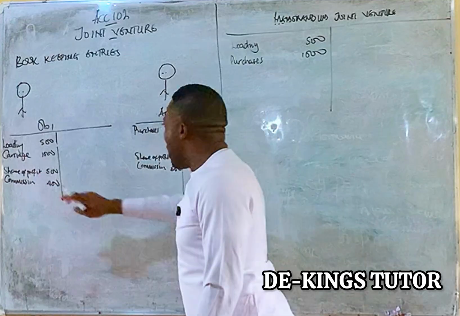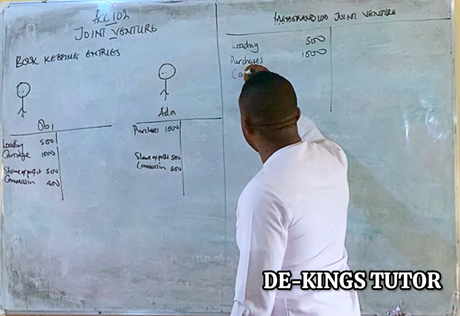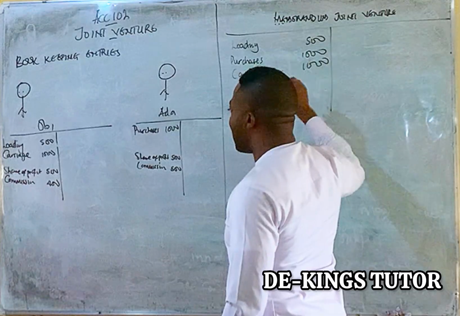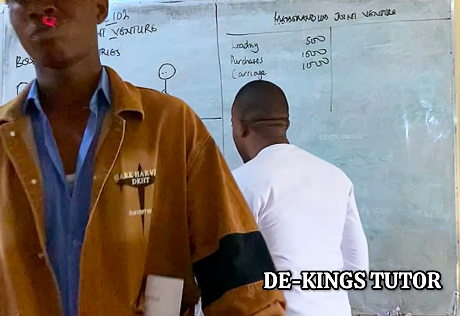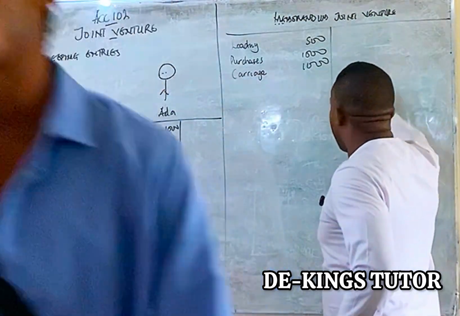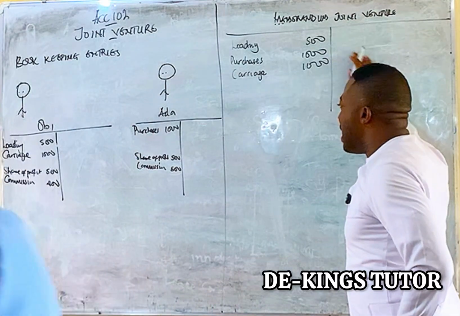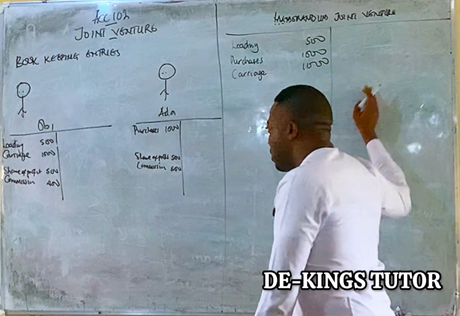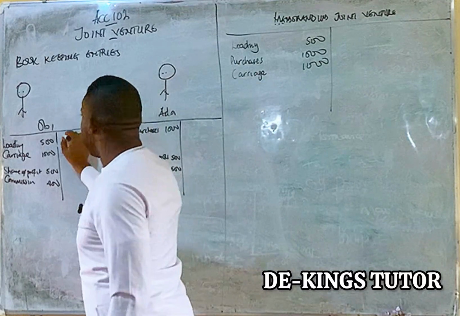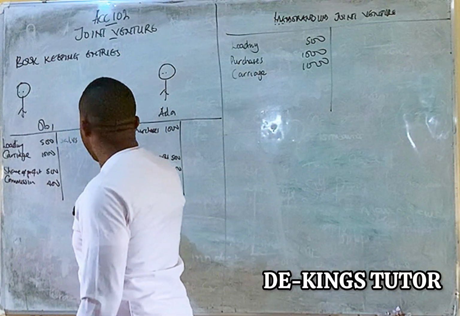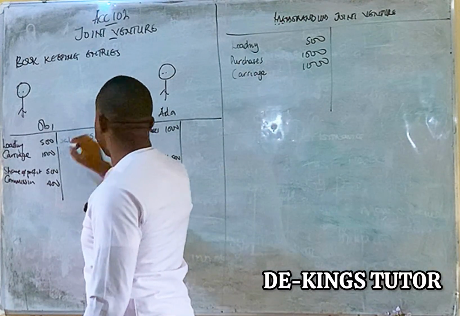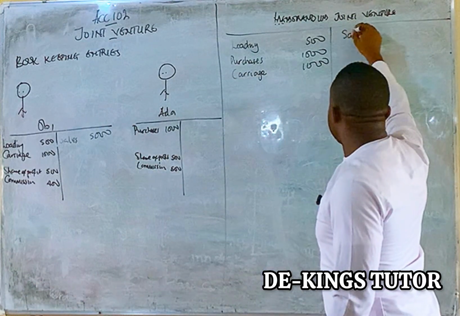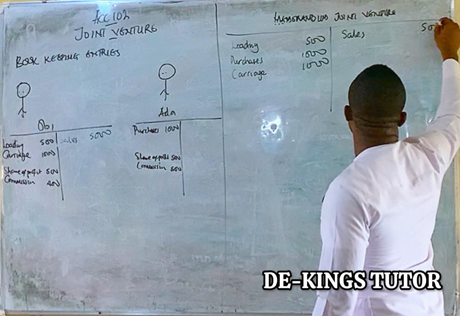Now, Obi also paid for carriage, it will be recorded there, carriage as 1,000. Okay, now that is 1,500. Now, let's say Obi made sales from the item, let's say sales of 5,000. It will also be recorded there as sales of 5,000.